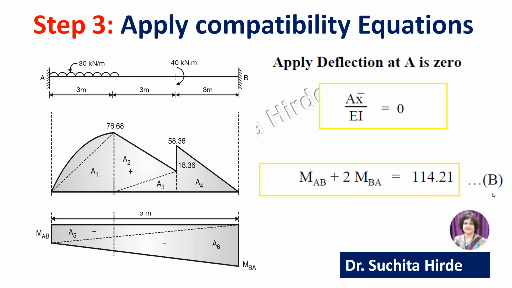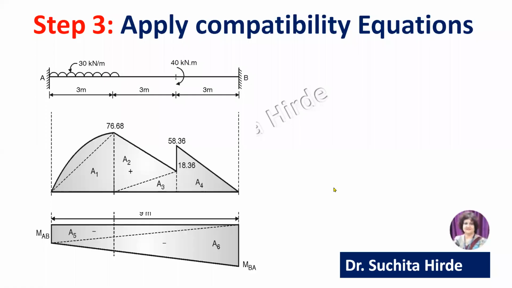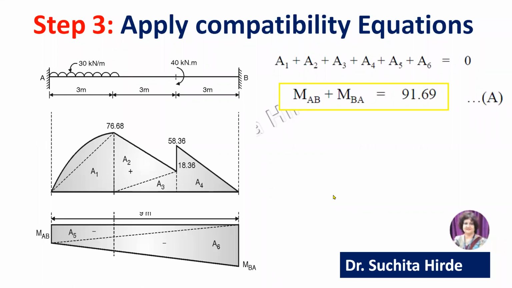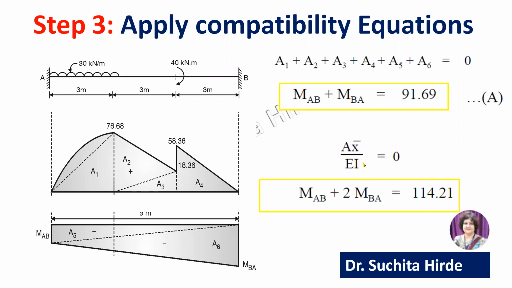Let us call this as equation B. So after applying first compatibility equation, we got this first equation, and after applying second compatibility equation, this is our second equation. Now solve these equations simultaneously. You will get value of MAB and MBA.